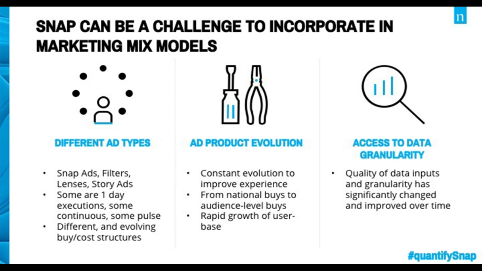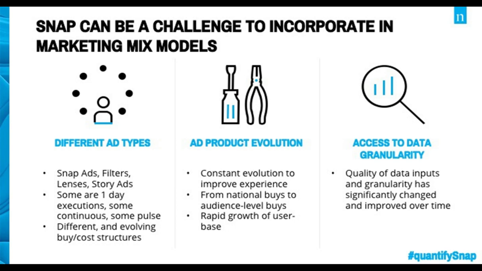But that's very different from traditional digital, and very different from other social platforms. And so, again, there's never a one-size-fits-all when you're modeling and you account for those things. Add to that the way these are executed: some are one-day executions, or some are continuous, or some pulsing. Those are all unique dynamics that need to be accounted for to maximize precision and accuracy.